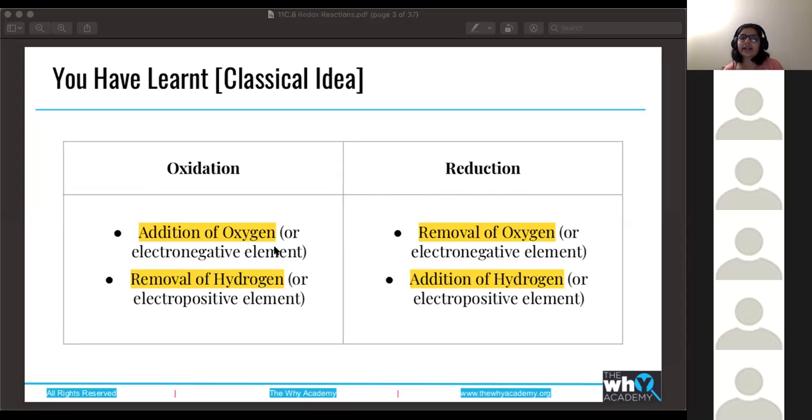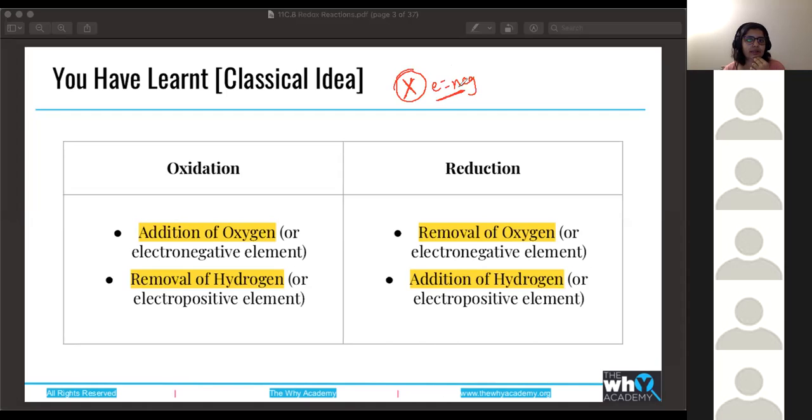When you add an electronegative element, so let's say you have an element X, and you add an electronegative element to it, what is happening to X? Is it losing electrons or is it gaining electrons?